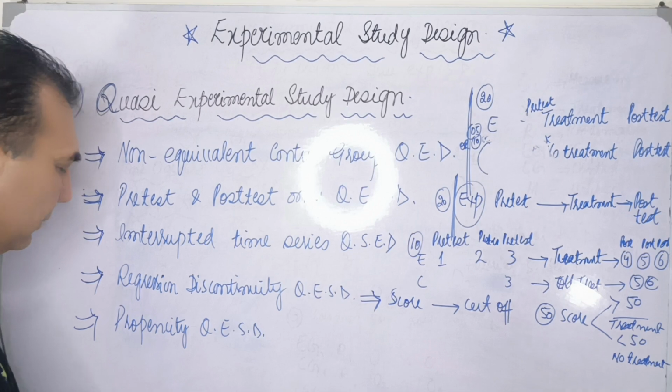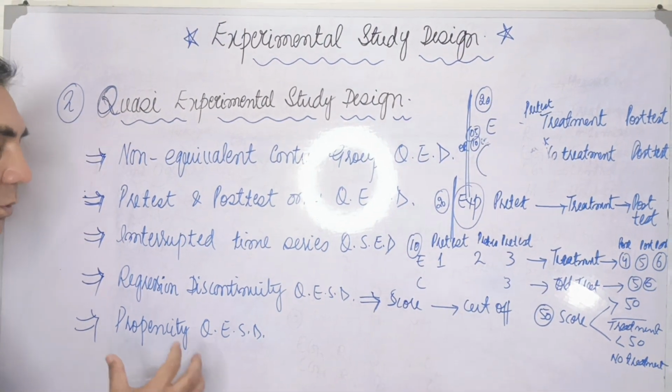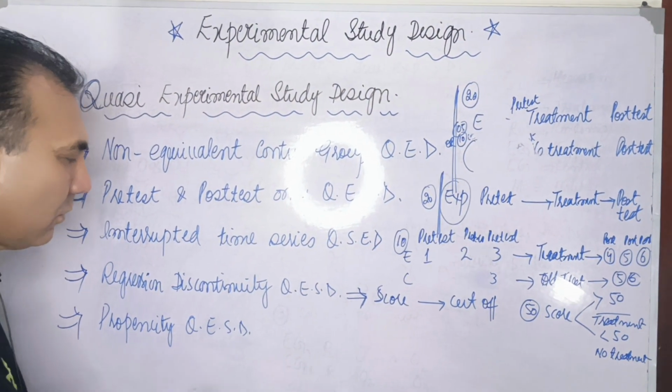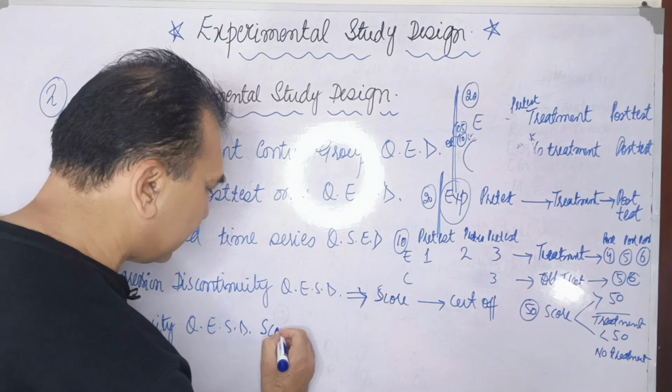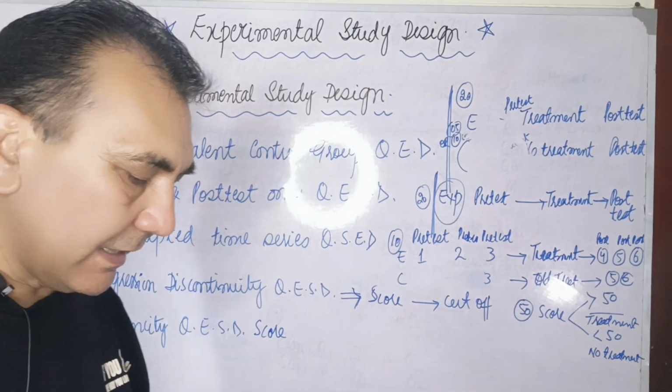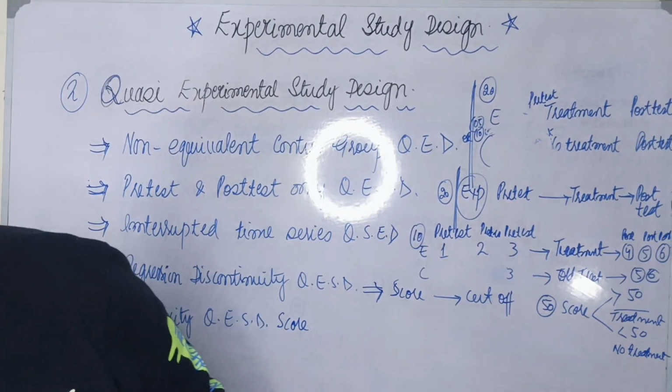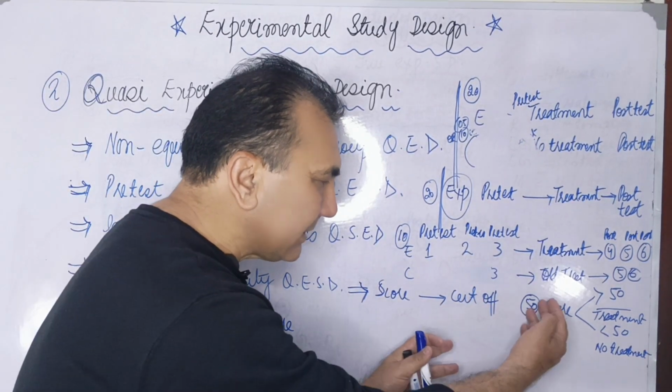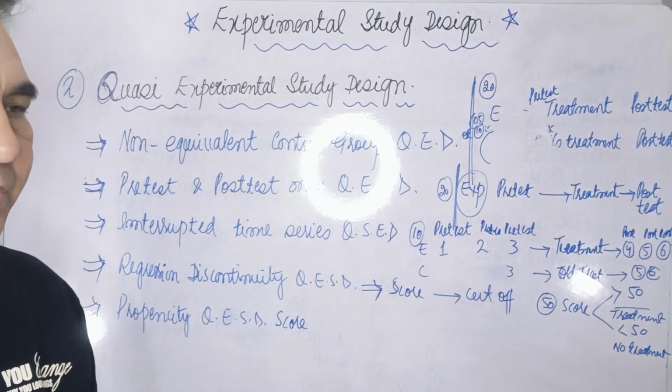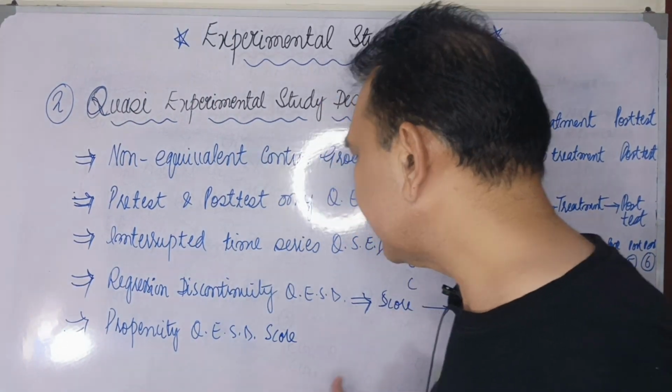Now, the second one is the propensity quasi-experimental study design. The propensity score is also said. Again, this study design is a little bit similar to the regression discontinuity study design.